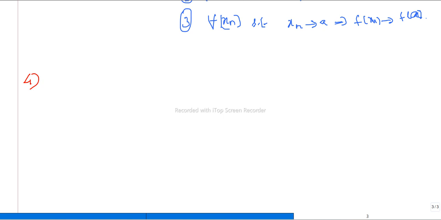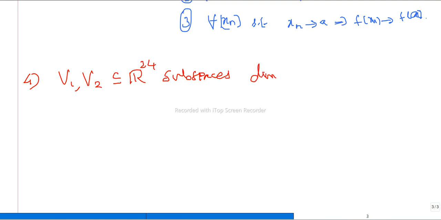Suppose we have two vector subspaces V1 and V2, both subspaces of R to the power 24. The dimension of V1 is 19 and the dimension of V2 is 17. This is a simple question.